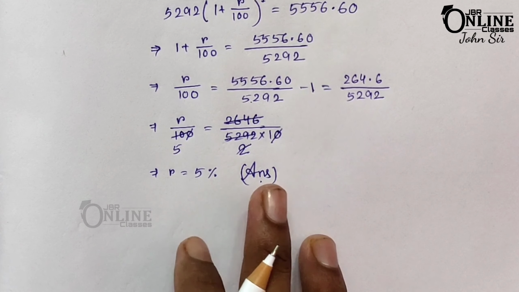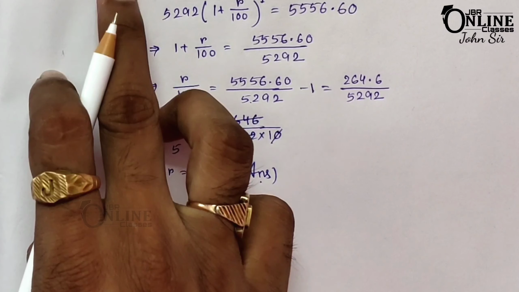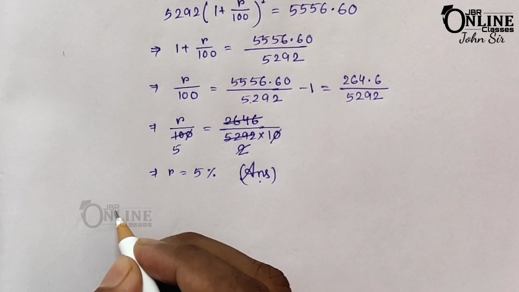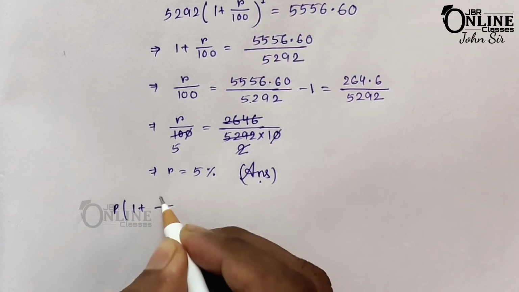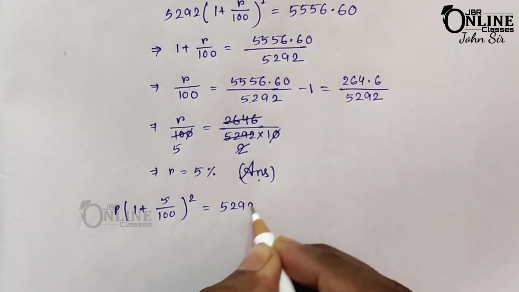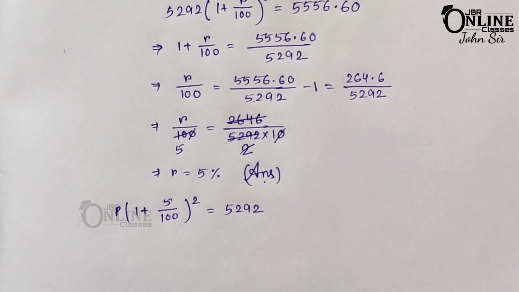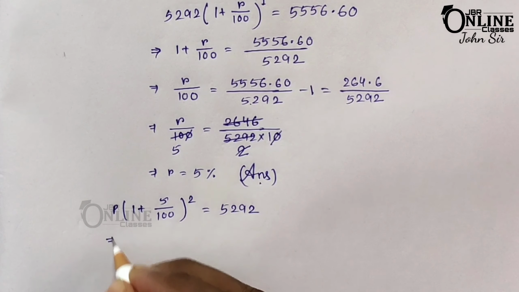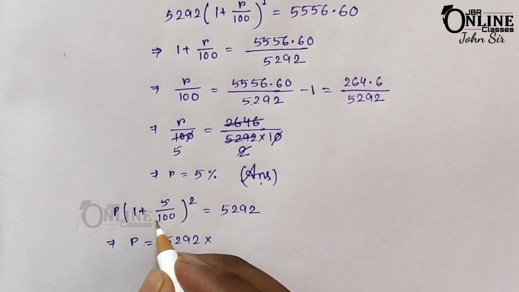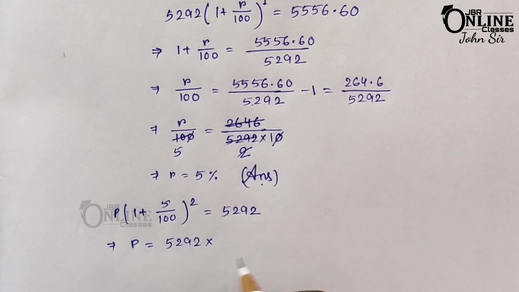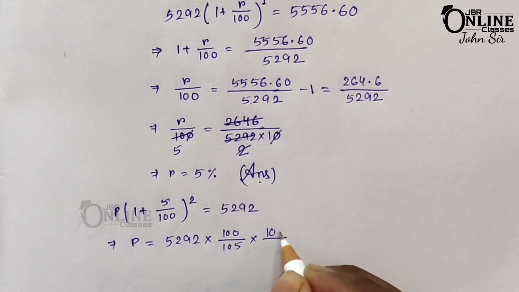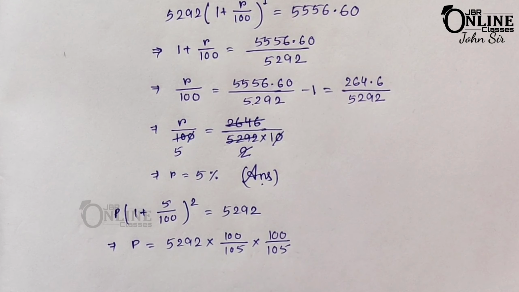Now second, you have to find out the principal. So you can just put down the value of R here. So P into 1 plus 5 by 100 whole square equals 5292. So from that P equals 5292, and as 105 by 100 whole square, that means 100 by 105, again 100 by 105.